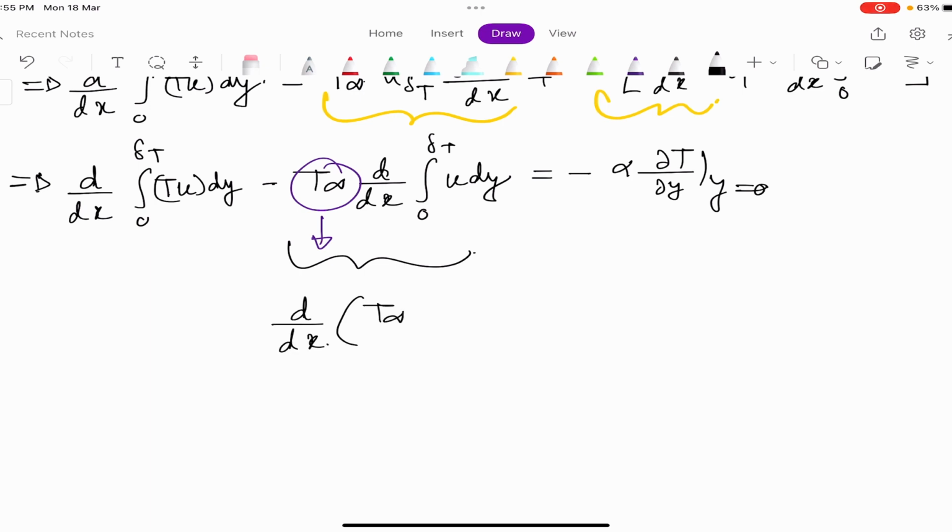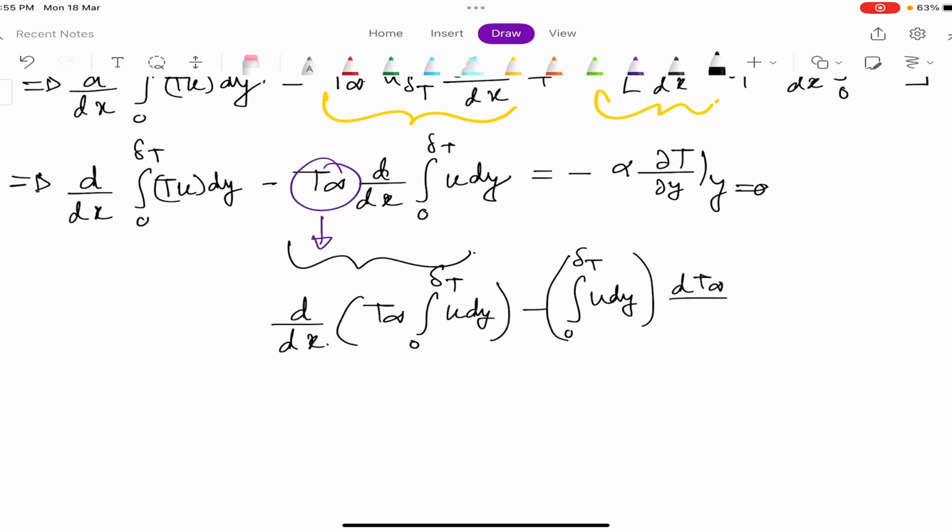I can put the T infinity inside the bracket, and then there will be a minus this whole term into dT infinity dx. This term should have been there, but as I am considering that T infinity is not a function of x, this is 0.